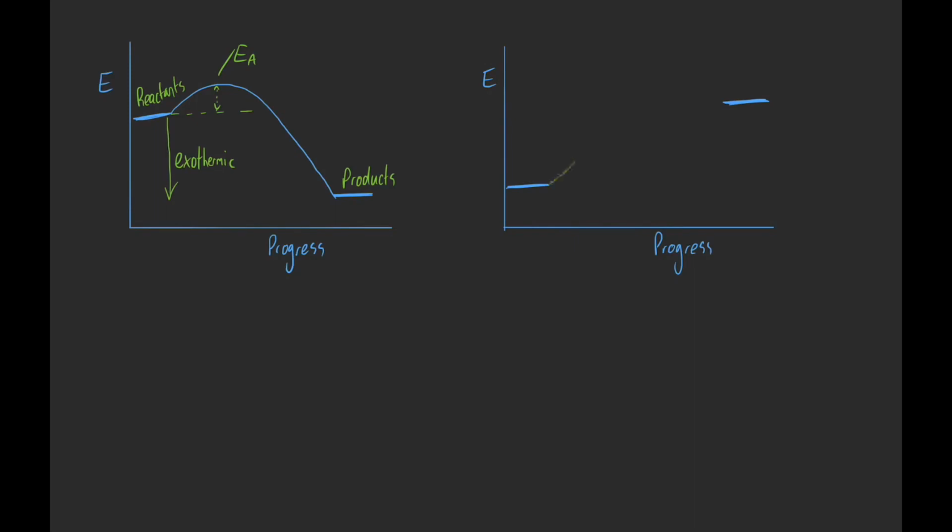In this case, we're going to draw something, let's draw it in blue, that looks like this. So the energy increases to a peak and then it drops down to our products. So in this case, we have this increase in energy over the course of the reaction, so it's endothermic.